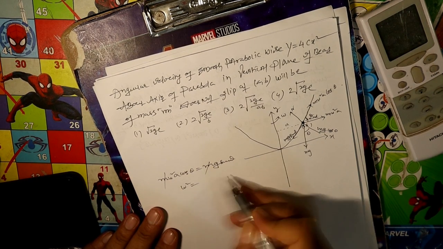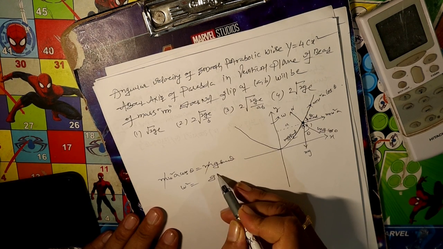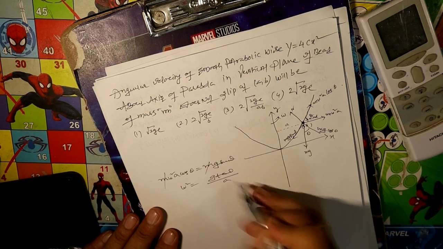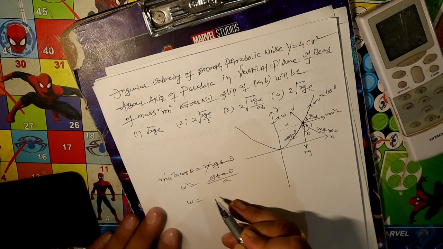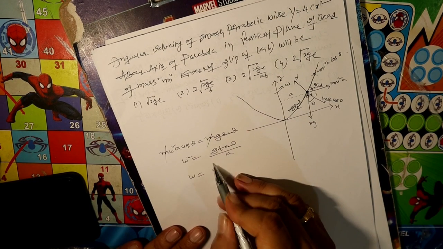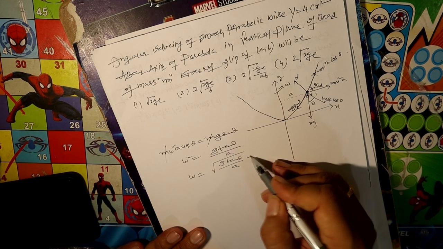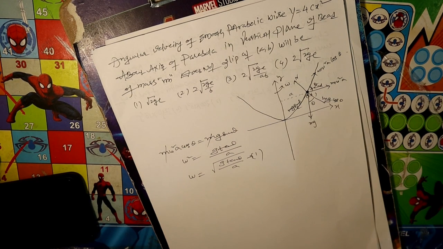Omega square is equal to g tan theta by a. Omega is equal to square root of g tan theta by a. Equation 1.